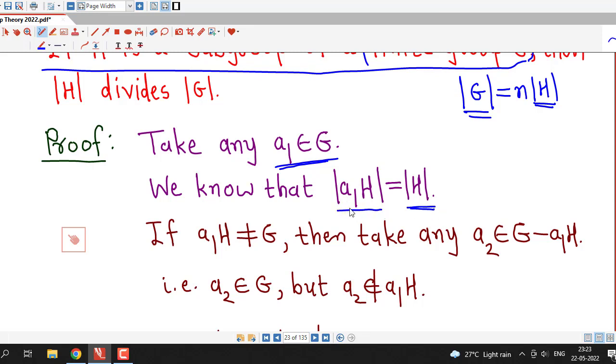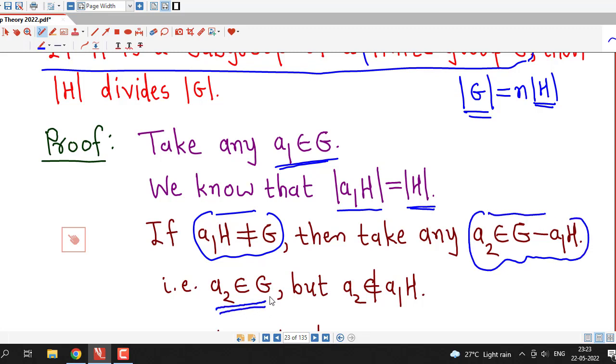So therefore we can write that order of A1H is equal to order of H. Now if this A1H is not equal to G, then we consider another element A2 in G minus A1H, that is, we consider A2 such that A2 is an element of G but A2 is not an element of A1H.